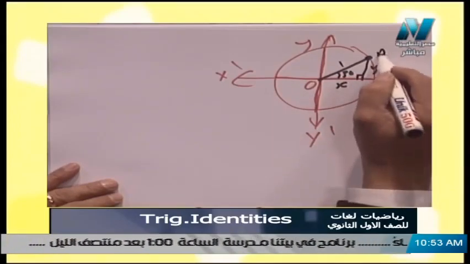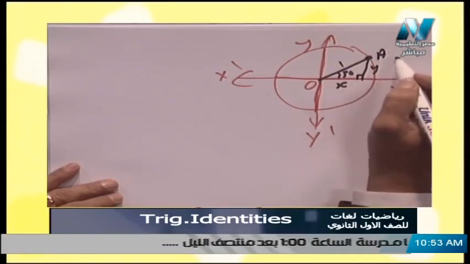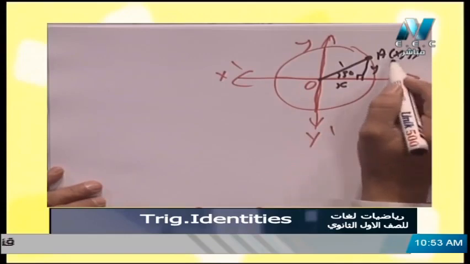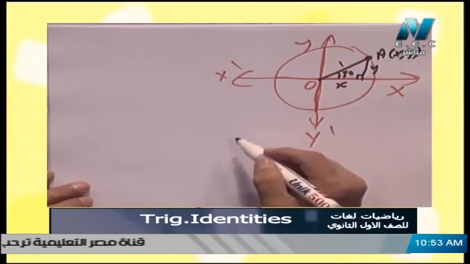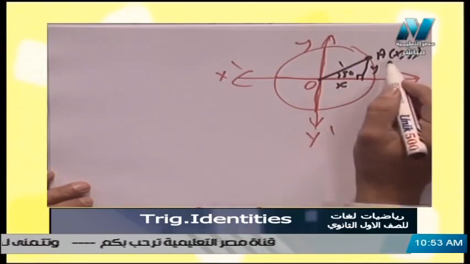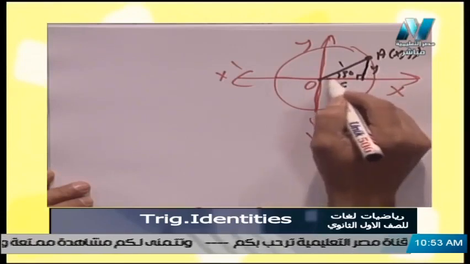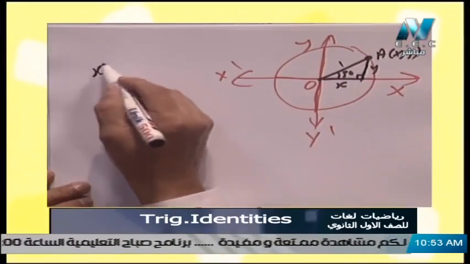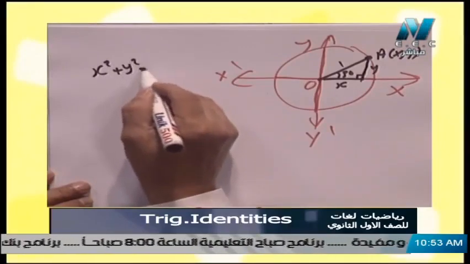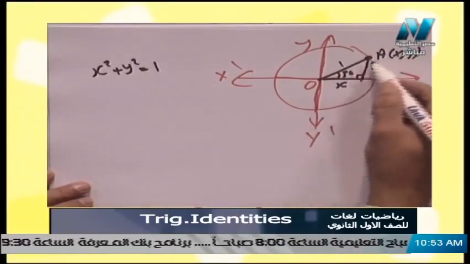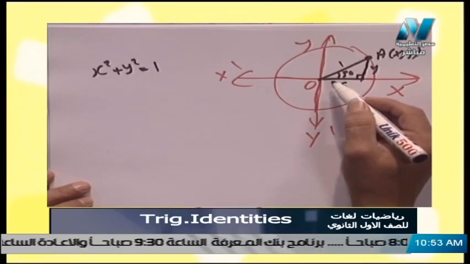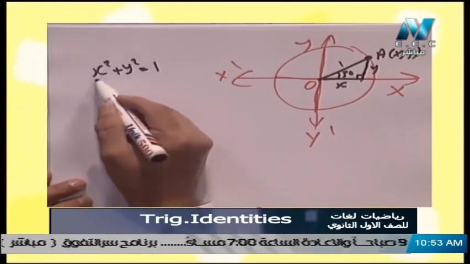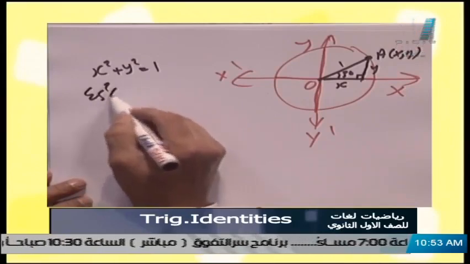If the point has coordinates x and y, then x power 2 plus y power 2 of course equals 1 from the Pythagorean theorem. What is x power 2? X power 2 here is cosine power 2 theta.